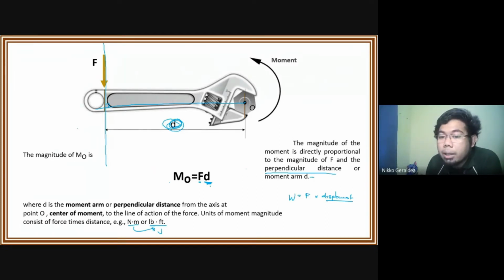Yung d natin ay the distance from the line of action of the force F and the moment center. Kaya magkaiba yan, kaya hindi natin ginagawang joule yung Newton meter. Mali yan, wag gagawin yan. Kapag nag-compute, nakita Newton meter, wag gagawing joule. Newton meter yan, for moment.